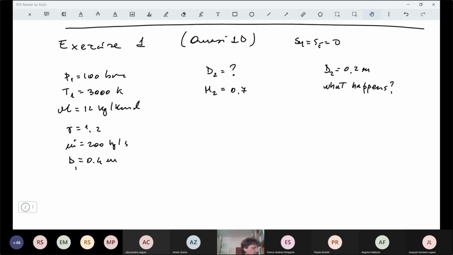You also know that we have a relation between the ratio of area to critical area and the Mach number. So for this reason, the first thing to do is to obtain the inlet Mach number.